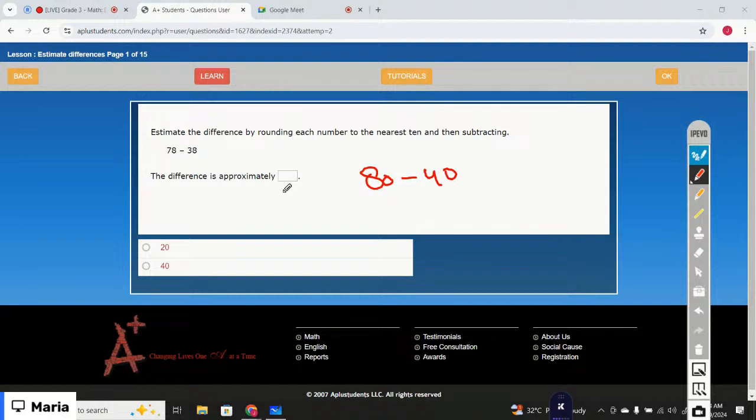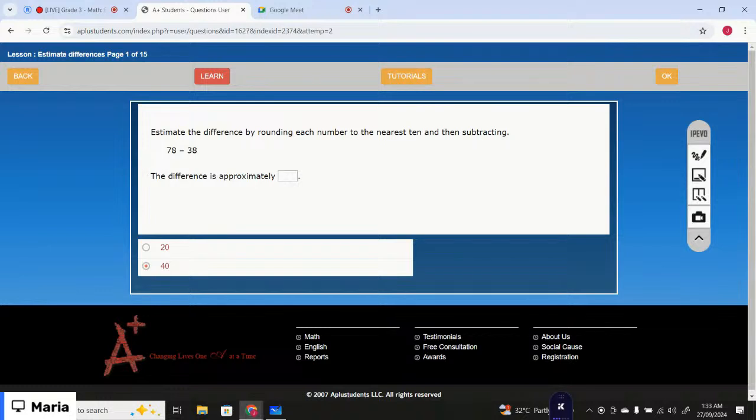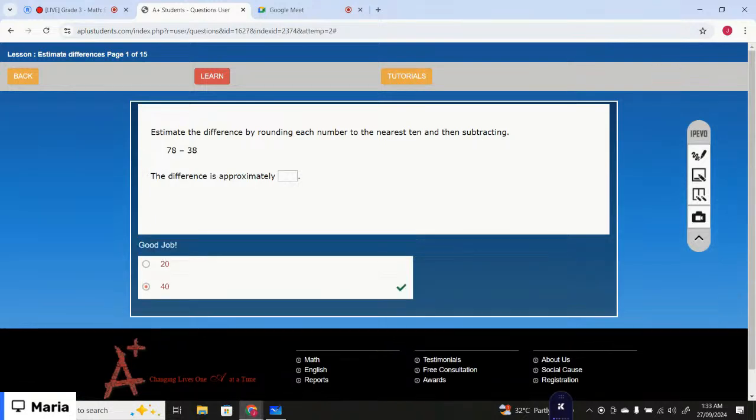So 80 minus 40 is 40. Yes, option number 2 is the correct option.